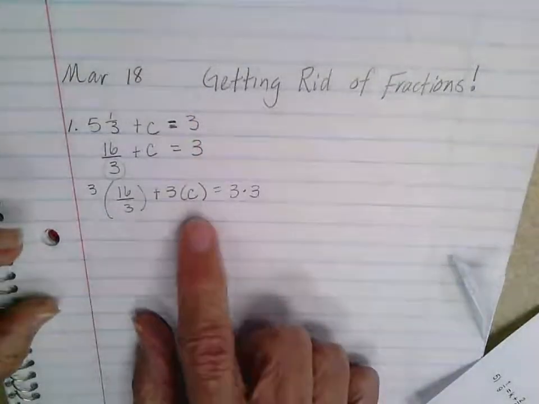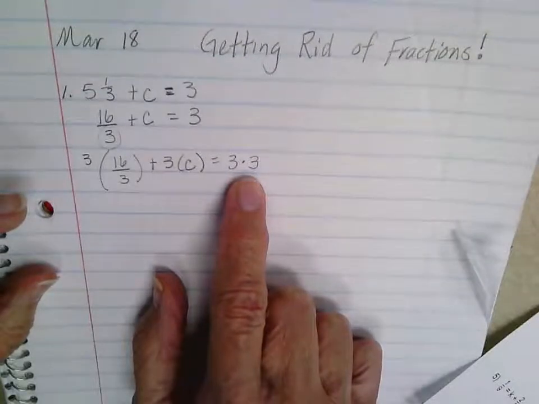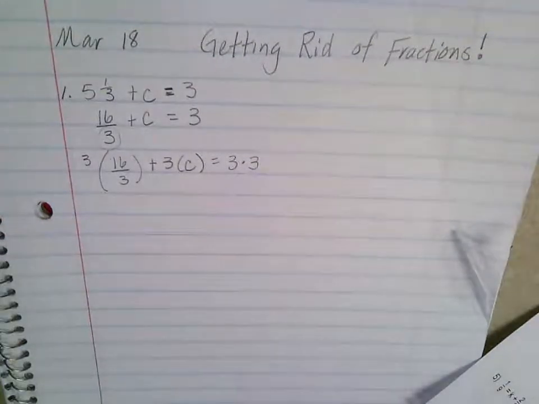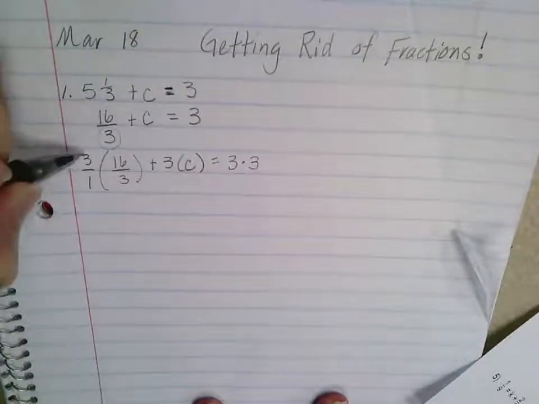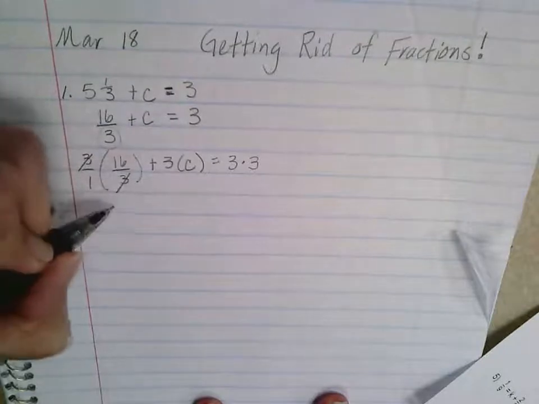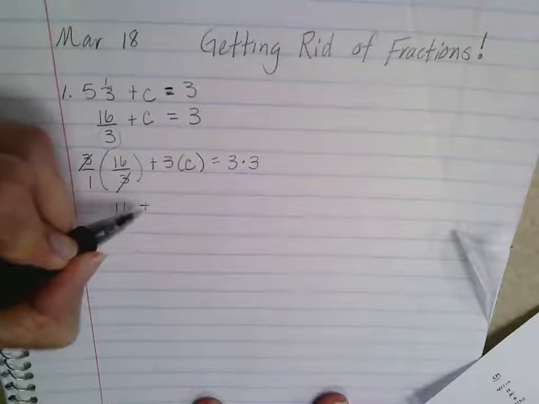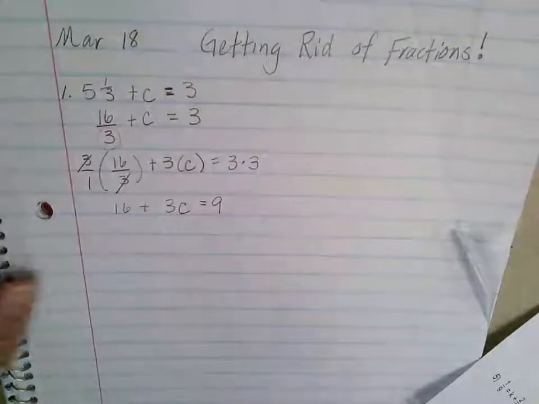And you'll notice I use different notations for how to multiply. You may choose the one that you like best. I'm going to put this over 1, and I'm going to cancel out those 3's. So now I just have 16 plus 3c is equal to 9.